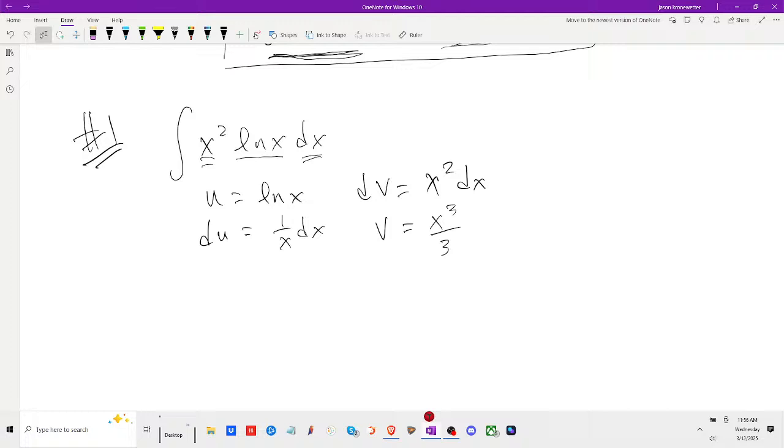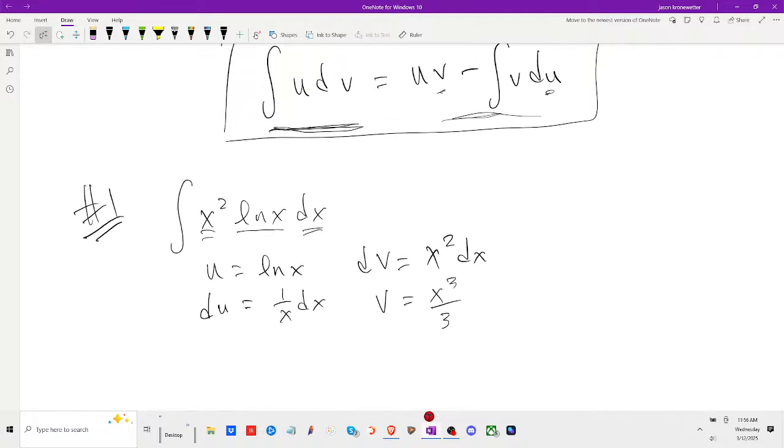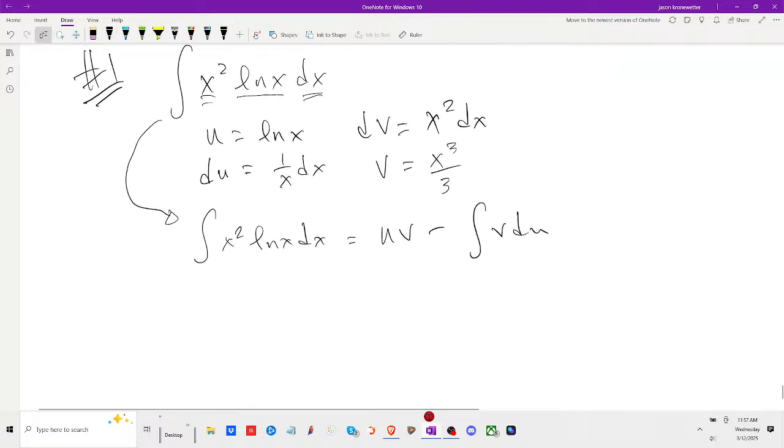Okay, so now that we have all these things, let's use our formula. The integral that I'm interested in knowing, that's this one, x squared ln x dx. That's my u dv, and that's going to be equal to uv minus the integral of v du. Okay, so the u and the v are right here.